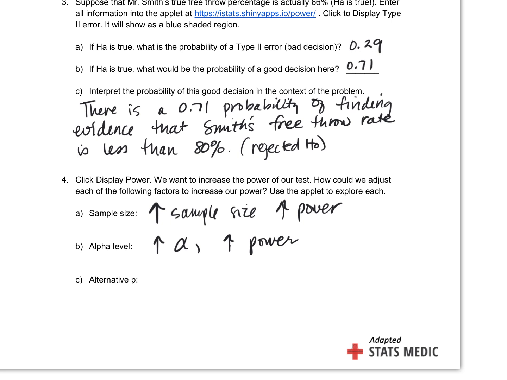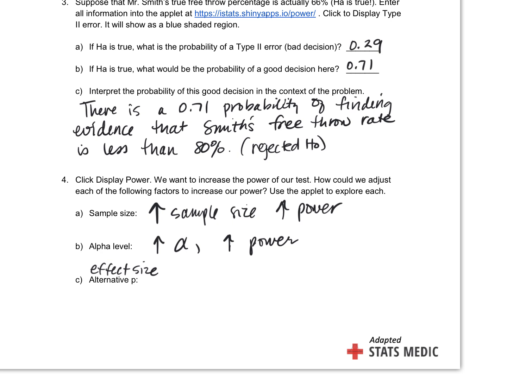Alternative P. All right, what in the heck does that mean? That means the difference between this and this, what the claim is and what reality is. That difference is called effect size, just for fun. And it's like this: if I increase my alternative, let's see.